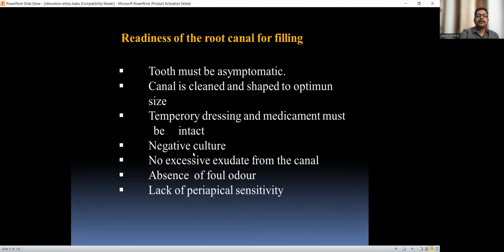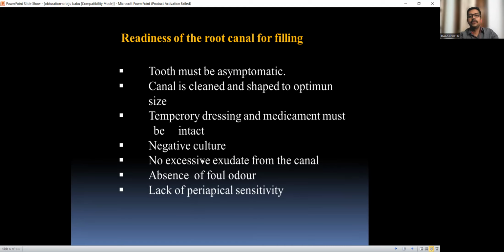The negative culture. When you take a culture from the root canal space just prior to your obturation procedure, we've got to make sure that it is completely devoid of any organisms, microbes. Then no excessive exudate from the canal. There should not be any exudate coming from the canal.